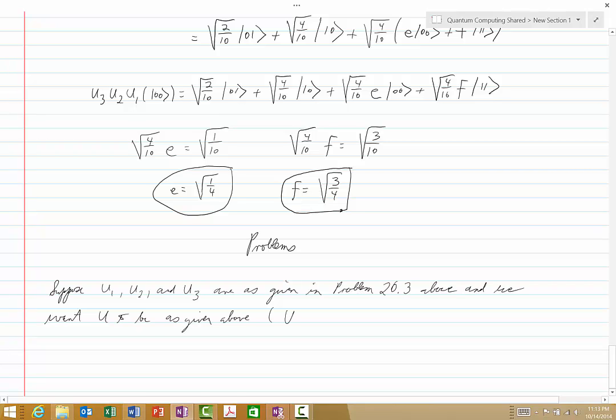In other words, U acting on 0, 0 is equal to the square root of 1/10 0, 0 plus square root of 2/10 0, 1 plus square root of 3/10 1, 1 plus square root of 4/10 1, 0.